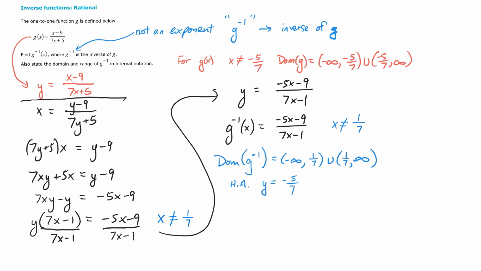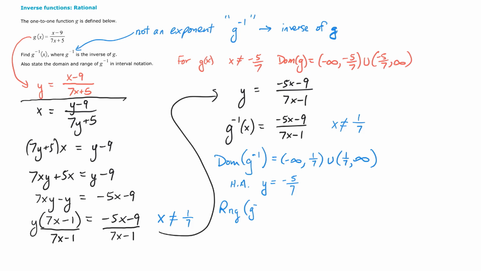For this particular rational function, it doesn't cross this horizontal asymptote. So what does that mean? That means we can find the range now. The range of g inverse, I usually abbreviate it RNG and then parenthesis.